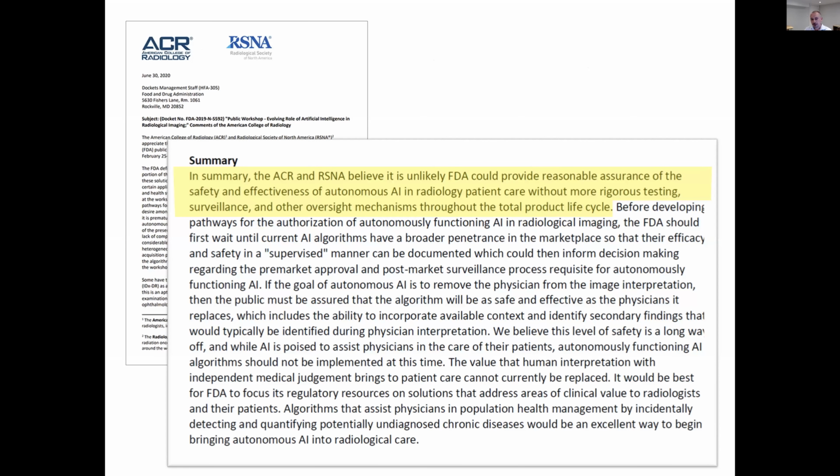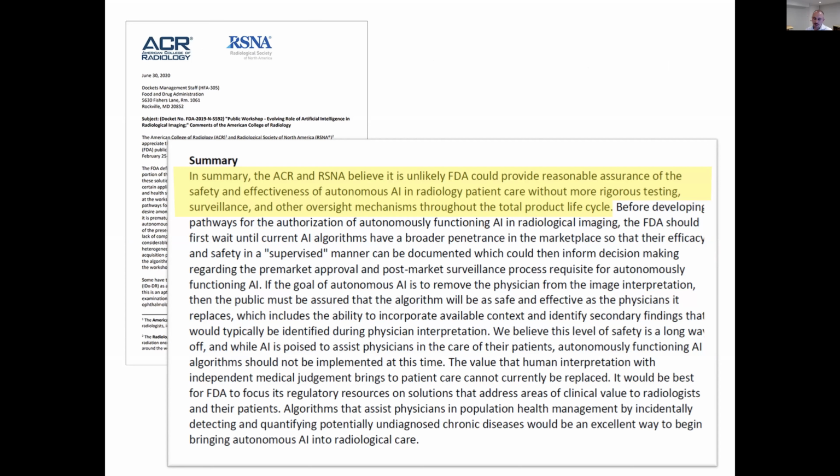In fact, the FDA had a recent workshop that invited data scientists, physicians, regulatory experts, and epidemiologists, and it dealt with autonomous AI. The results of the workshop alarmed the American College of Radiology and the Radiological Society of North America enough to publish an open letter, which is about 4 or 5 pages long.